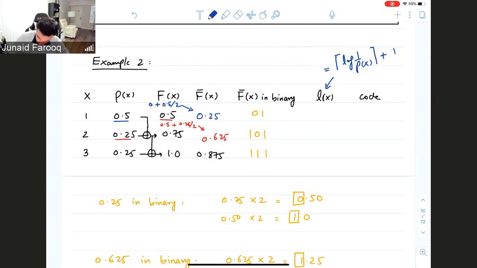So for the first one, it's log base 2. So log 2 of 1 over 0.5 is just 1, so 1 plus 1 is 2. So you get 2 here, you get 3 here, and you get 3 here.